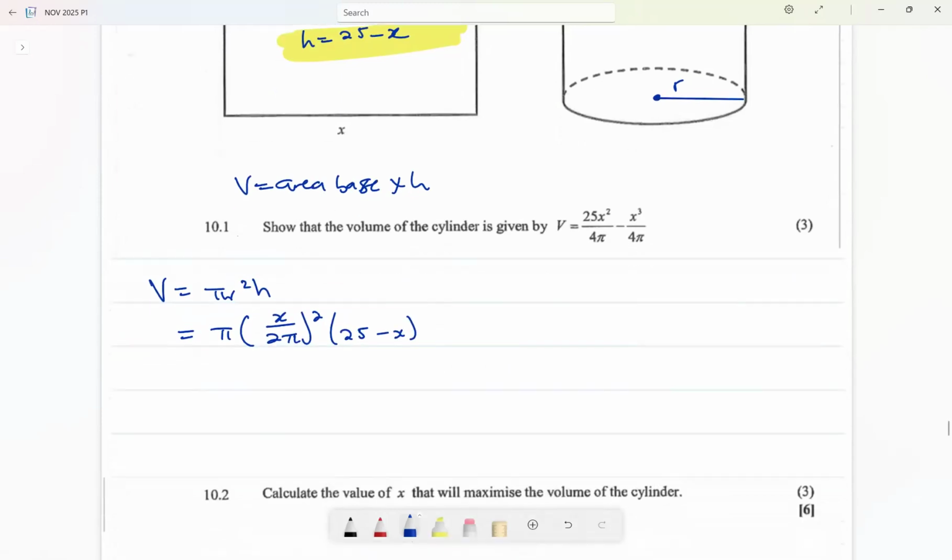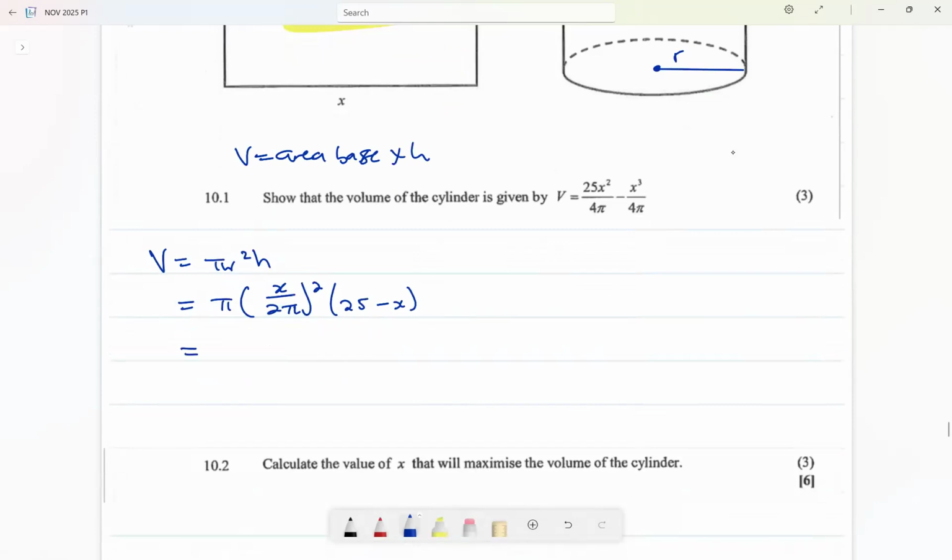And then let's just become mathematical gymnasts. This is going to be just pi, and then x squared divided by 4 pi squared, multiplied by 25 minus x, and then I'm going to multiply everything. By the way, pi and pi are going to cancel. Okay, pi and pi are going to cancel. I'm going to say this multiplied by this, multiplied by that.